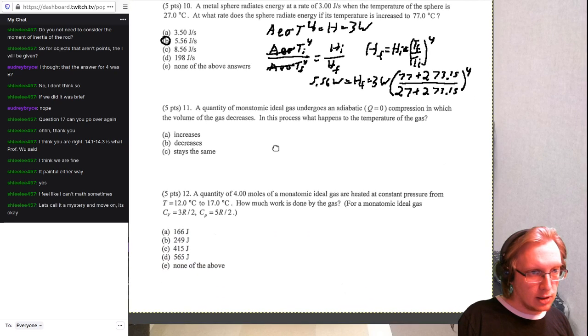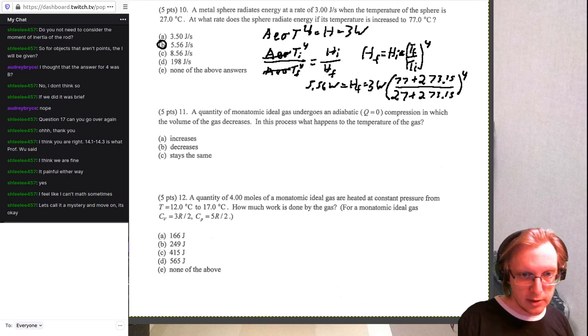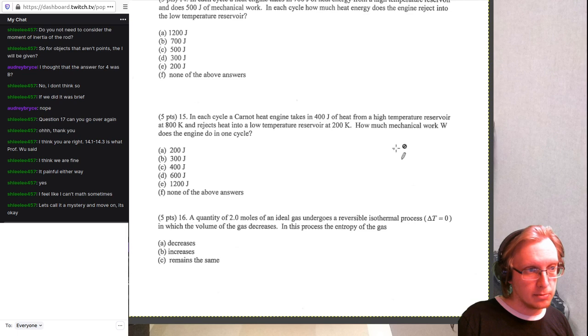All right. Adiabatic compression, that's a thermodynamic process that is not on this exam and probably not in this semester. Quantity of gas heated at constant pressure, that's an isobaric process, not on this exam.